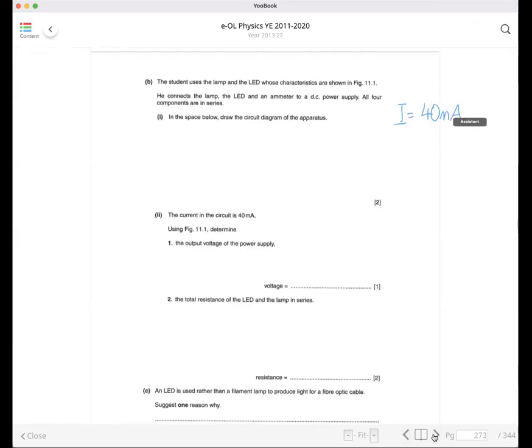So you're supposed to calculate, number one, the voltage of the power supply, and number two, the total resistance of the LED and the lamp in series. Okay, so everybody start doing now.